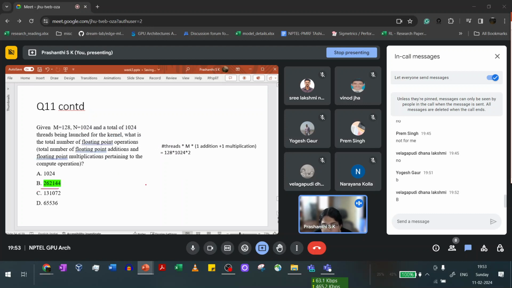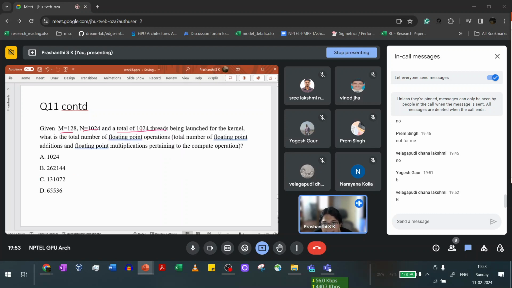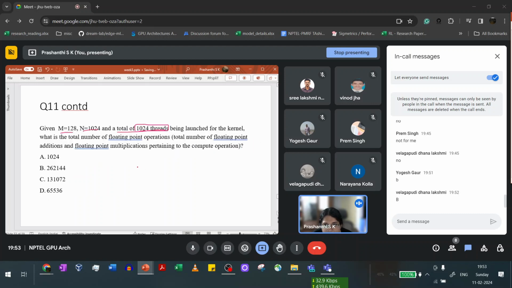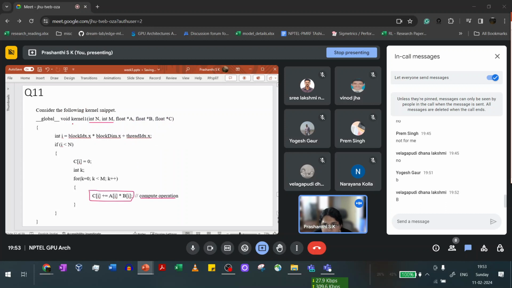So those of you who got it right. Again, like I said, a total of 1024 threads are launched, right? So that's the first part of your answer computation, number of threads. The next thing I said is the work done per thread. Now notice that this was very similar to the previous question. You have to keep in mind that this kernel is the work that every single thread is going to do. So you have the same operation as before, one multiply, one add. So this is two operations.